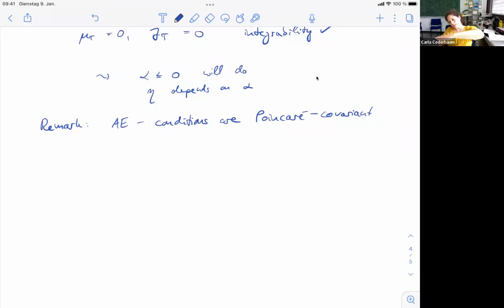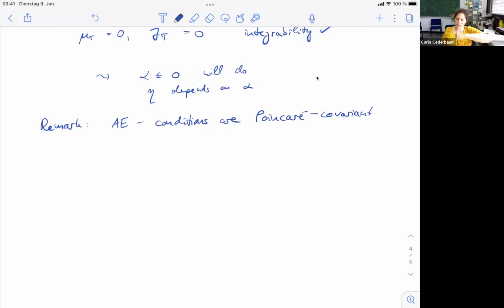And the same is actually true for infinitesimal boosts. So if you start boosting your slice a little bit in a given asymptotically Minkowskian spacetime, so that lapse and shift are asymptotic to those of a boost in Minkowski spacetime, then these asymptotically Euclidean conditions are going to be preserved.